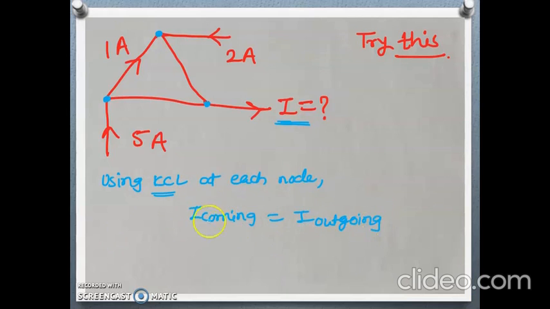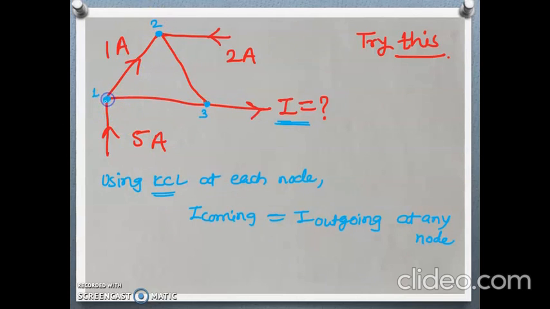That means the sum of all incoming currents is equal to the sum of all outgoing currents at any node. So we will apply this KCL at each node. This will be the first, this the second, and this the third node.